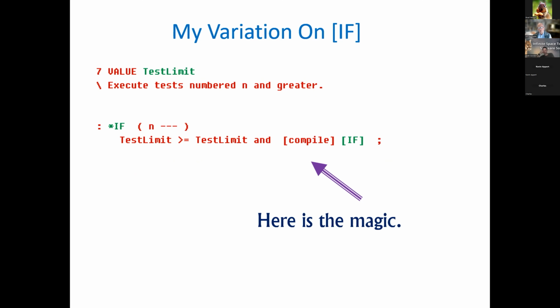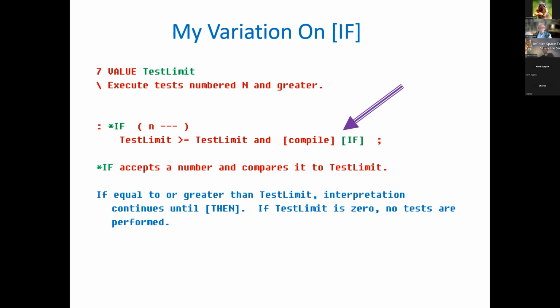Now, bracket IF is an immediate word, and therefore we have to preface it with the bracket COMPILE. So in this case, we have a simple modifier in front of the bracket IF that looks at TEST-LIMIT. If it's 0, it will execute always, and if it is non-zero, it will execute when greater than the test limit. So the magic is all done in one simple line of Forth.